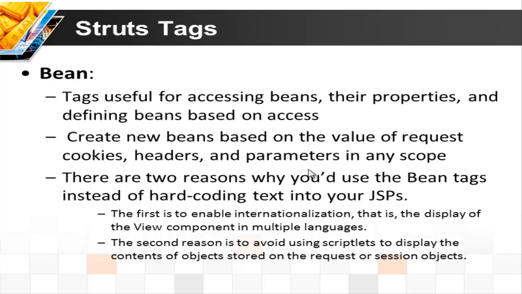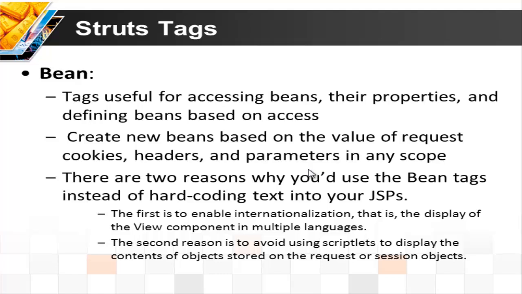The next set of tags are there for the bean, and you know very well that in order to interact with the bean, you can get the properties of the bean, you can create a reference to the bean, you can even place the bean at a different scope like a session scope or the request scope. That can be done using this bean tag.